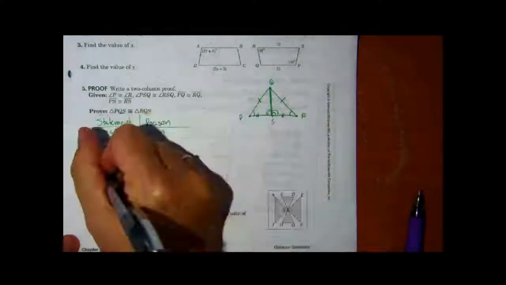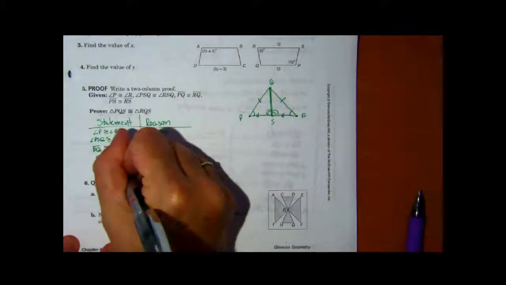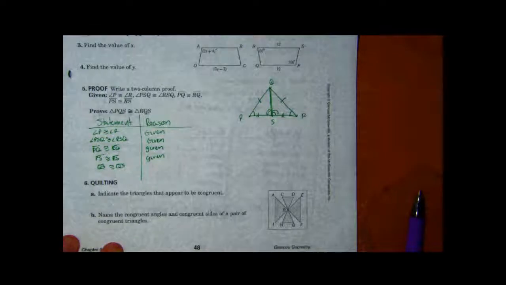This proof is exactly like the last one. So who can tell me the next line? I got to find one more side and one more angle. It would be QS. Yeah, QS. And if anything is ever congruent to itself, it's reflexive.